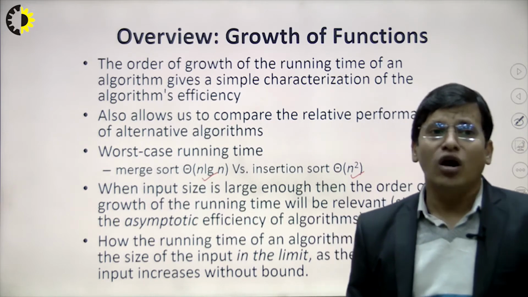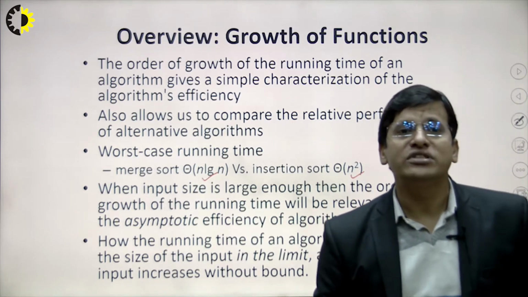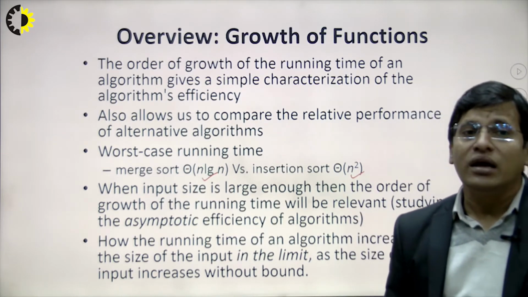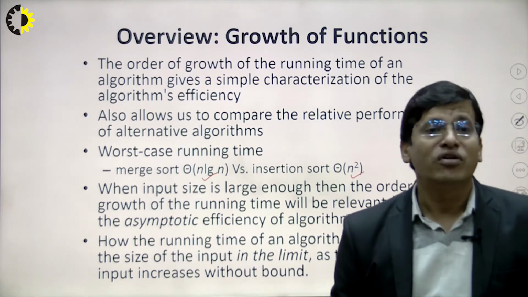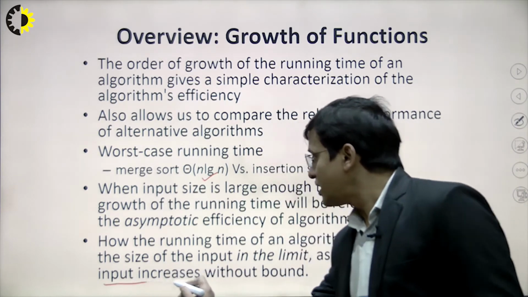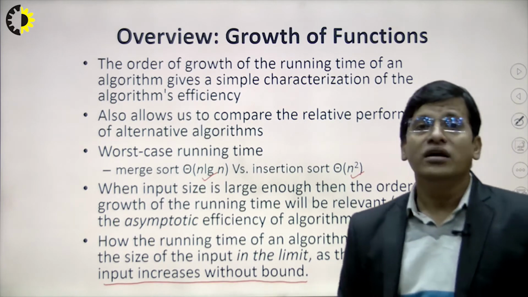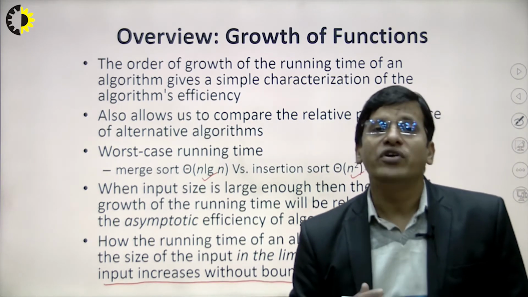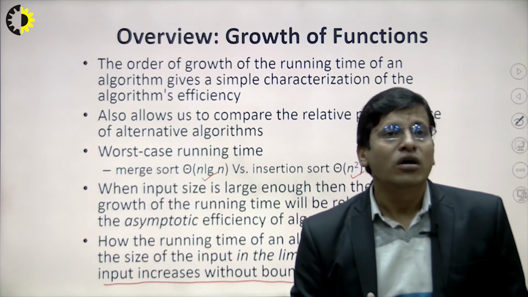So how does the running time of an algorithm increase with the size of input in the limit? We are checking if the input size is increasing without any bound, how the algorithm is behaving. That behavior will be computed by the order of growth functions.